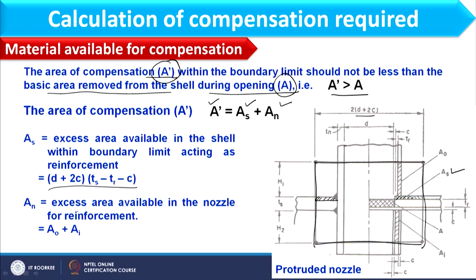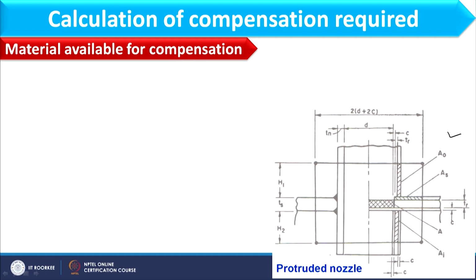And AN is the excess area available in the nozzle for reinforcement, and that would be equal to A naught plus AI. If you consider this image, what is A naught? A naught is the area of additional material available in the nozzle above the vessel surface. This is the AO. In a similar way, AI is the area of extra material available inside the vessel, in the nozzle.